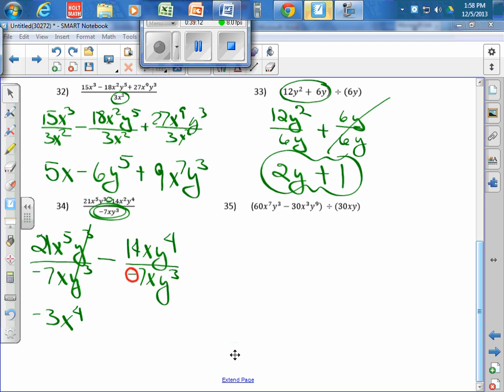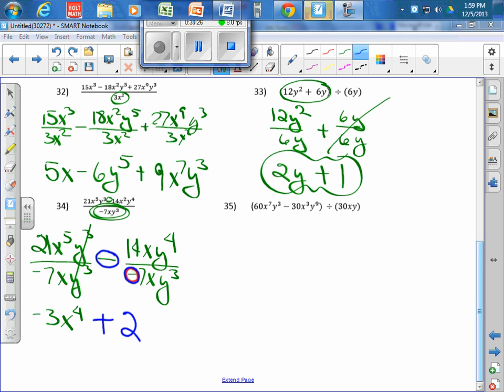We could have it in the numerator. We could have it in front of the fraction. Either way you look at it, you have minus a negative. What does minus a negative mean? Plus. 14 divided by 7 is 2. The x's cancel. Sorry, that was an x squared. The x's don't cancel. X squared over x is x, and y to the fourth over y to the third is y.